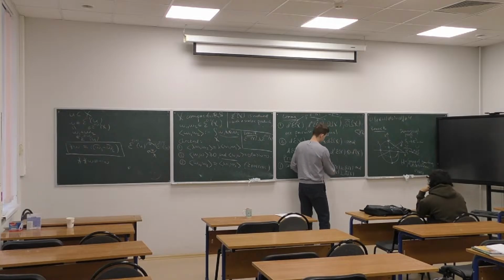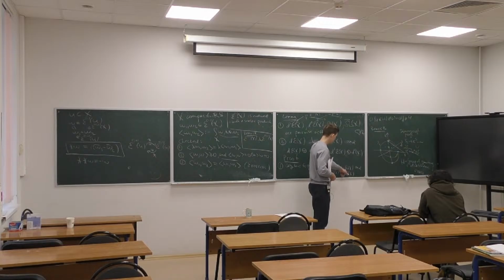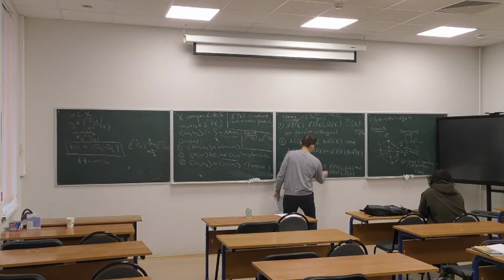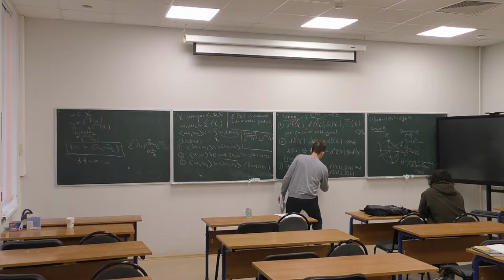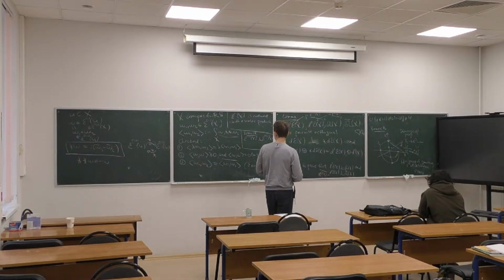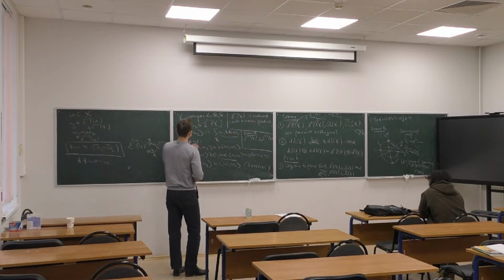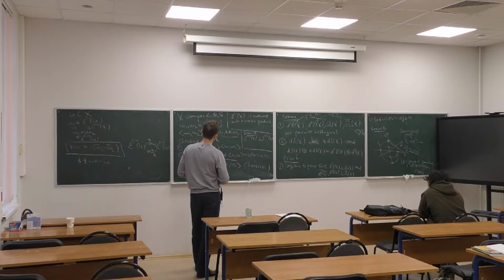So from here to here you take bar, and from d prime e of x to d double prime e of x, you also take bar. And here also you can take a bar.